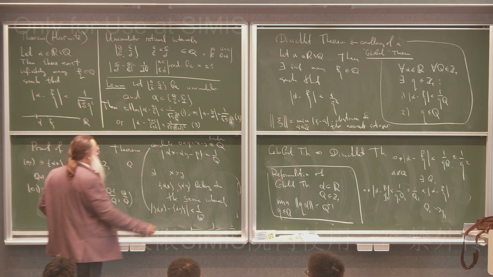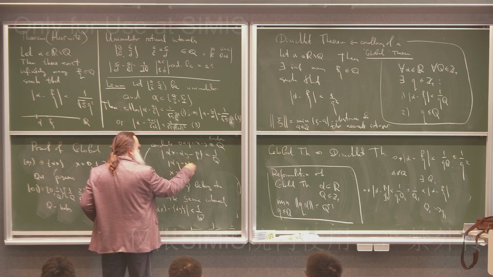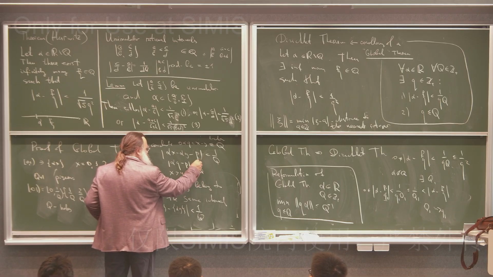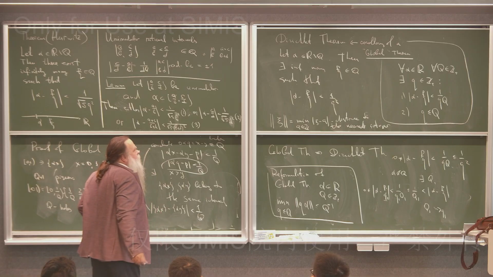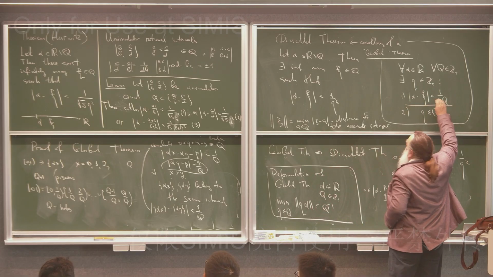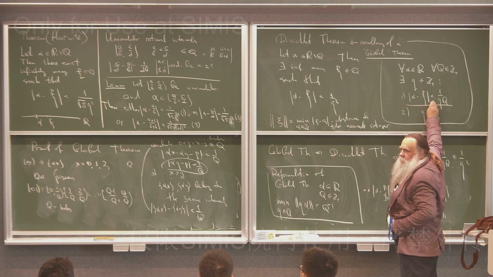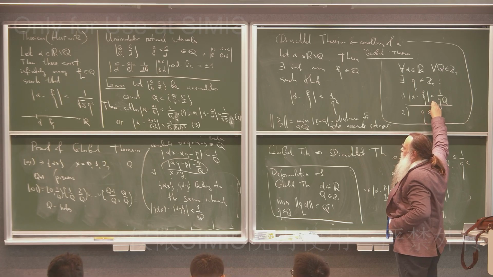And we have the absolute value of alpha q minus p is less than 1 over Q. So this is the approximation statement. Being divided by q, we get this.